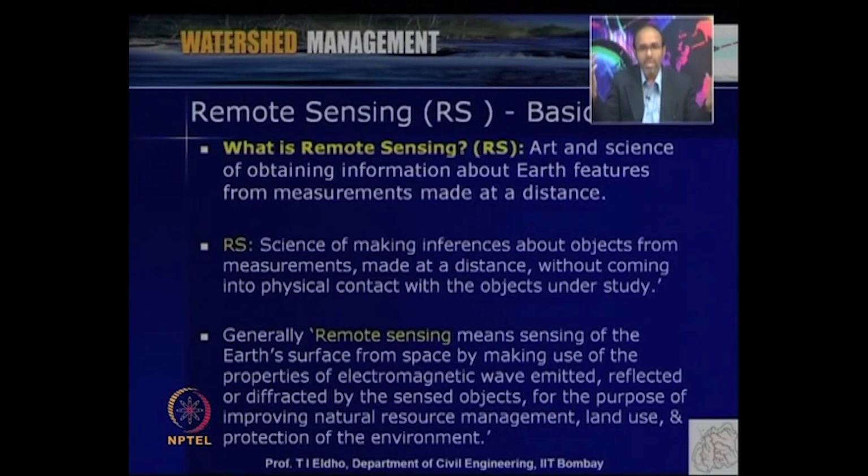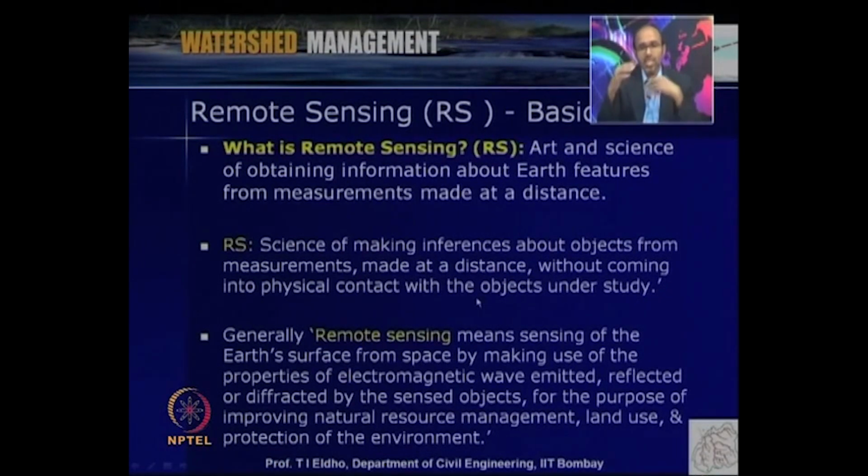So, at a remote distance, through various means, we are getting the required data. That art and science is called remote sensing. So, remote sensing is a science of making inferences about objects from measurements made at a distance, without coming into physical contact with the objects under study.